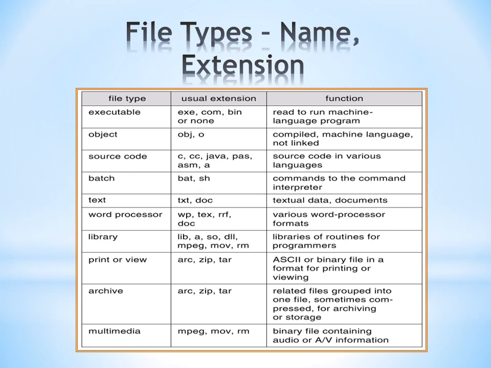Another example is a library, which normally has a lib file. The file extension is normally at the end of your file name. For archiving files we have the .arc, .zip, and .tar, and for multimedia file types we have .mpeg, .mov, .mp4, and so on.